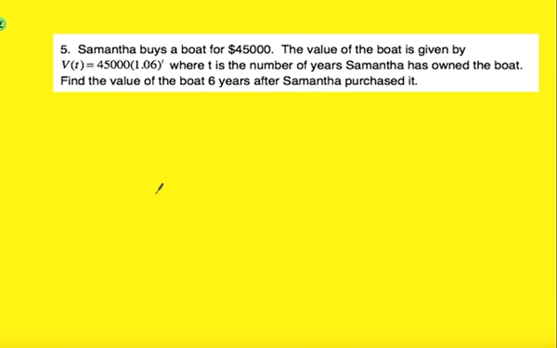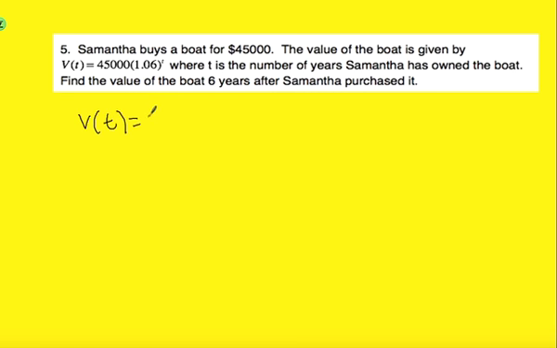Number 5 says Samantha buys a boat for $45,000. The value of the boat is given by V of t equals 45,000 times 1.06 to the t, where t is the number of years Samantha has owned the boat. Find the value of the boat 6 years after Samantha purchased it.